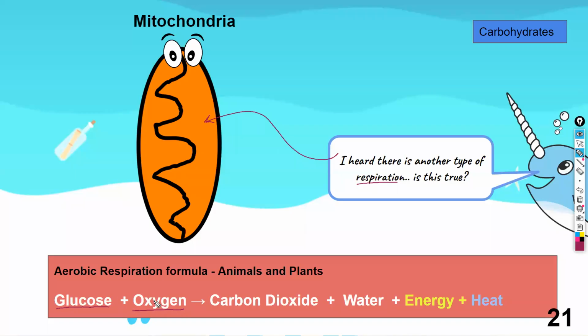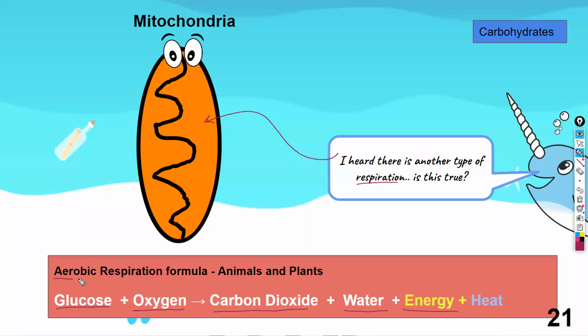And when you mix those two together, we get carbon dioxide, water, energy, and heat. But like I said, most textbooks will leave out the heat part. There are different types of respiration, right? There's actually two main categories. One called aerobic respiration and one called anaerobic.